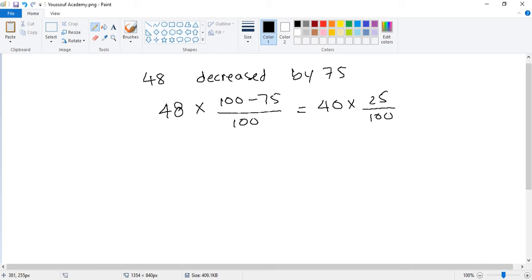To make it easier to explain, 48 times 0.25. 4 times 5 is 20, 0 and carry 2, 4 times 2 is 8 and 2 is 10, decimal point after 2 places. So 48 decreased by 75%, the answer is 10.